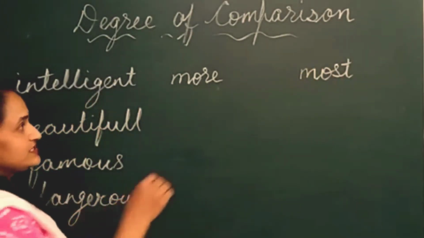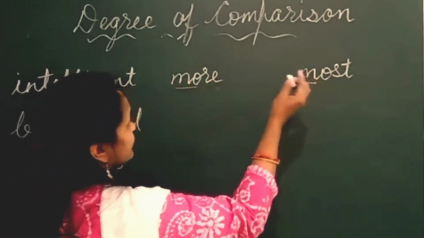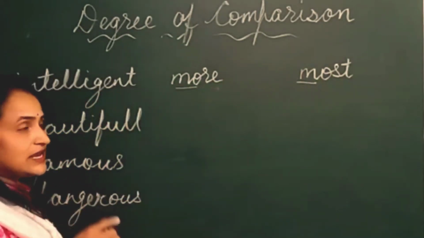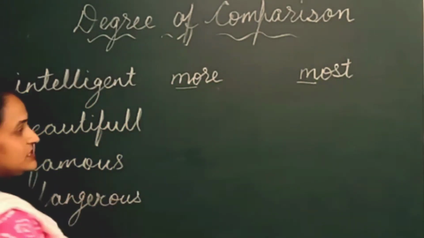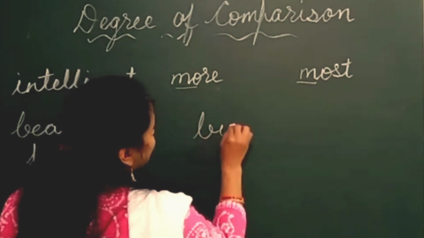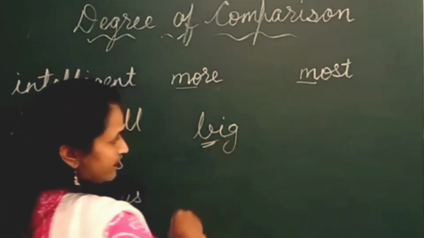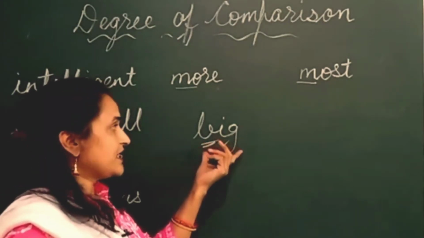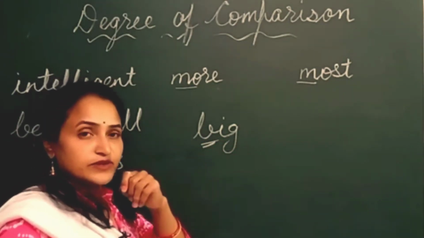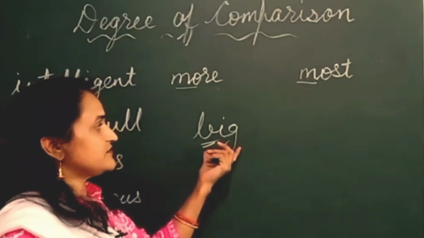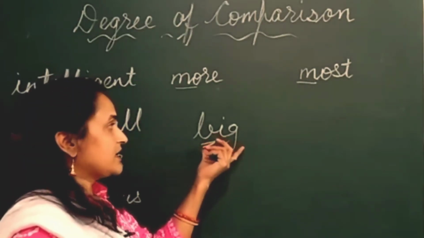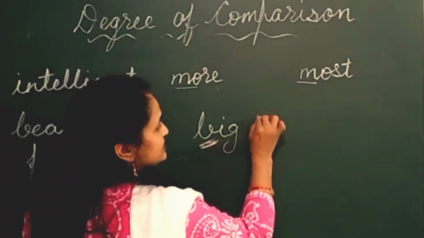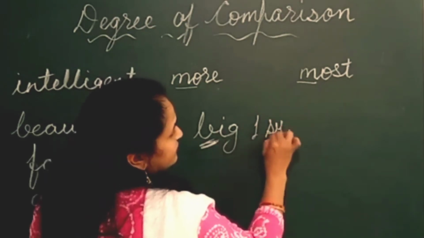But before understanding it, understand what a one syllable, two syllable, or three syllable word is. Look at the word big. We speak this word without breaking it into parts. Big. So this is a one syllable word.